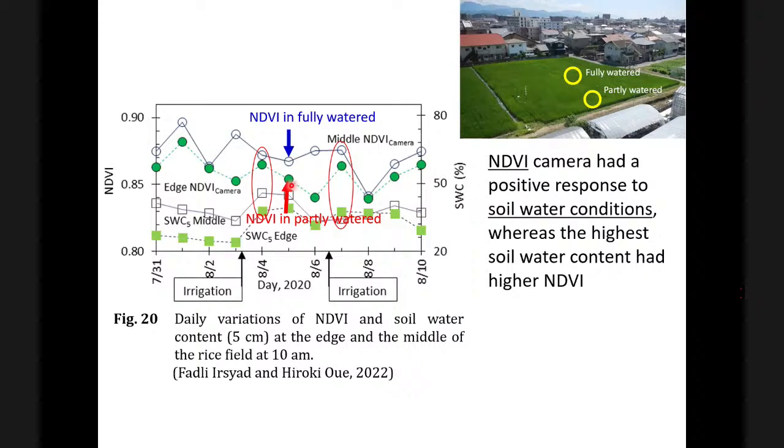So it means that NDVI itself is not influenced directly by the soil moisture condition, but it is influenced by the plant condition. As I said, NDVI represents a kind of percentage or rate of the photosynthetically active radiation absorbed or used by the plant. So a higher NDVI means that the plant could utilize photosynthetically active radiation very much, compared with the plant under dry condition.